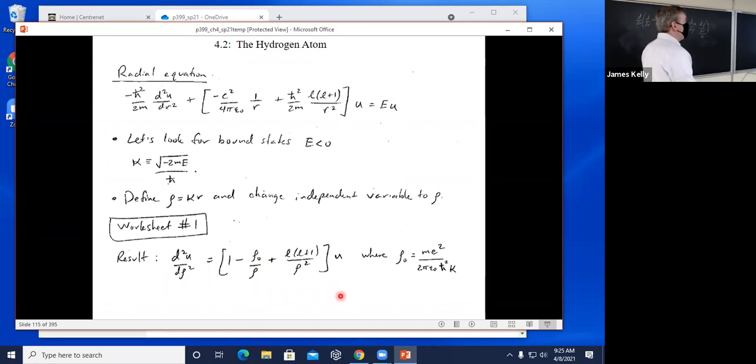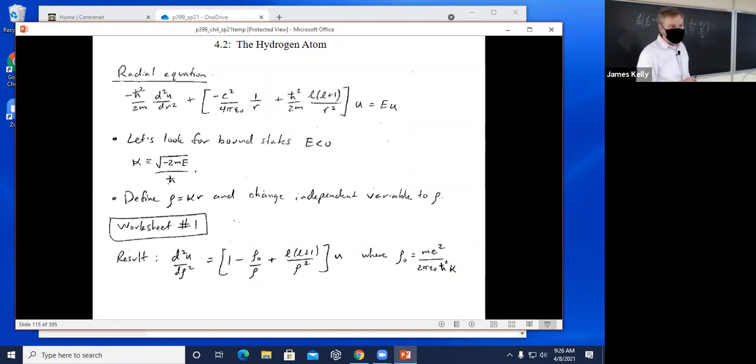At this point, to simplify things, there are 3 terms multiplying u, which we're now thinking of as a function of rho. Our solution is going to be u of rho. There's a whole bunch of constants in the term that's proportional to 1 over rho. Everything that's not a rho in this, Griffiths defines as rho 0. Rho 0 is me squared over 2 pi epsilon 0 h bar squared kappa.